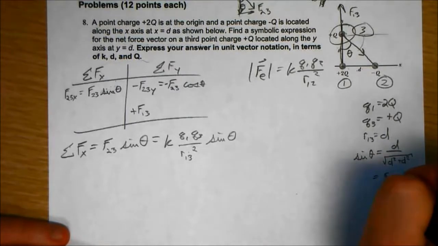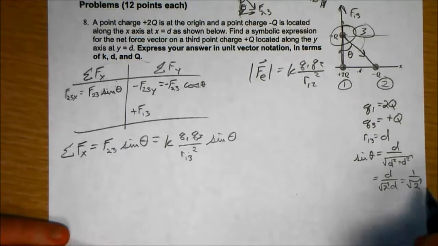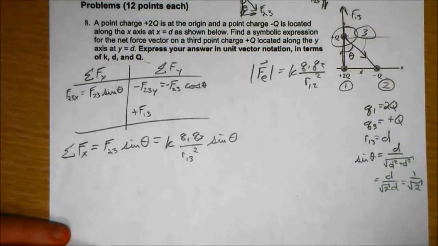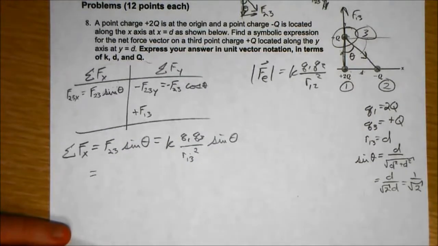And that's going to equal D over square root of 2D squared, which is just 1 over square root of 2. Now you could, like mathematicians, get that radical out of the denominator and you'd have square root of 2 over 2. I don't know, that makes the math just a little bit more messy for me, so I can fix all those things at the end.